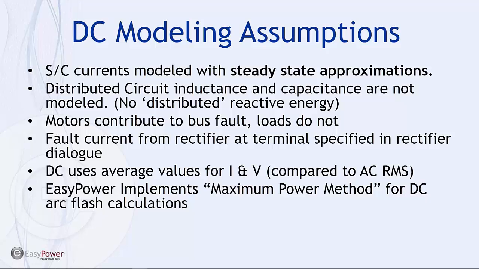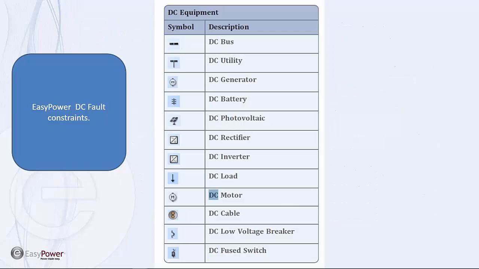And then where we're going to spend most of our time is talking about the fact that we implement what's referred to as the maximum power method for DC arc flash calculations. So that's where we're going to be spending the next 25 or 30 minutes.